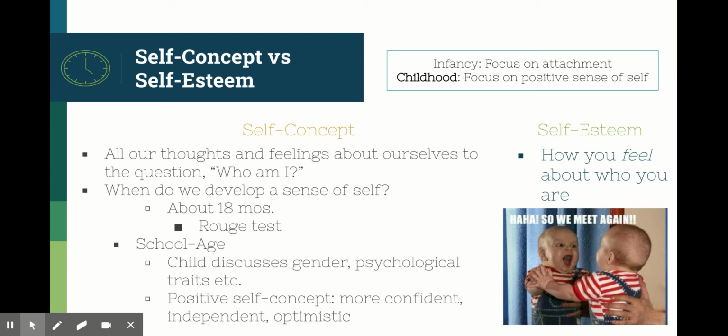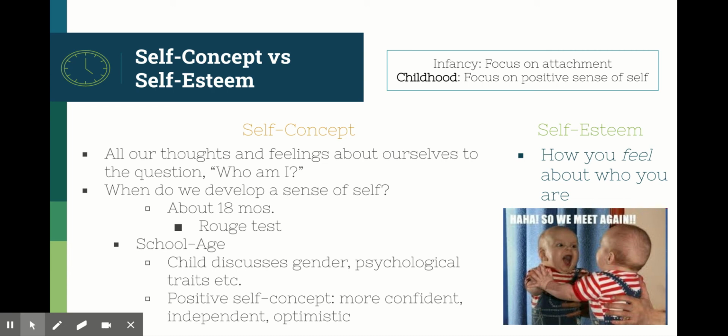Before you put a toddler in front of a mirror, put a little bit of rouge on their nose. If the child has a sense of self yet, this idea of self-concept, they will recognize it's themselves in the mirror. The way we know that is they will move their hand to their own nose to try to rub that makeup off.